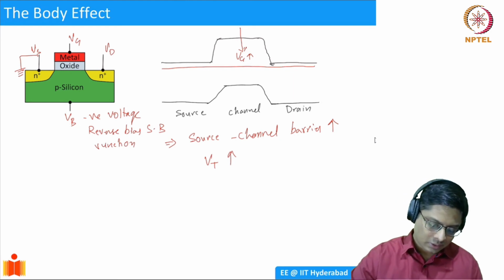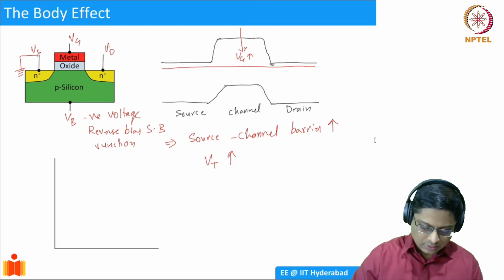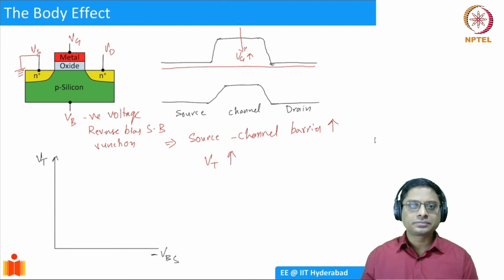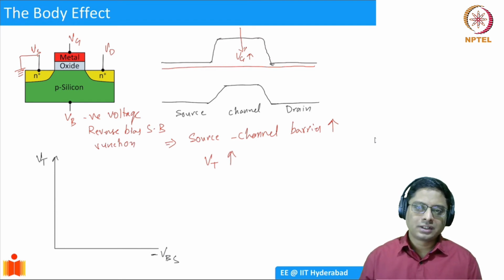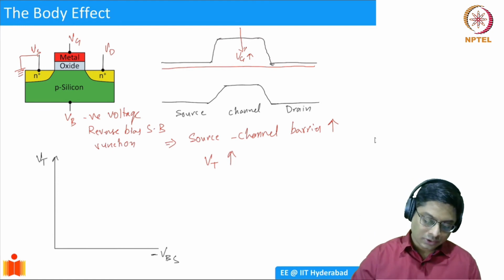So if you look at VT versus, I'll say, negative of VBS I'm plotting. As I increase more and more negative voltage into the bulk, it becomes that much harder for the gate to turn on. Okay, so VT increases.